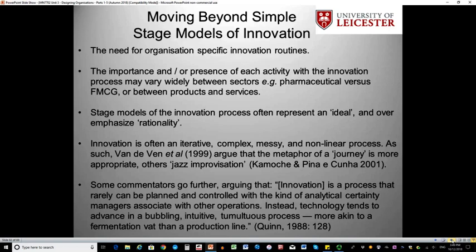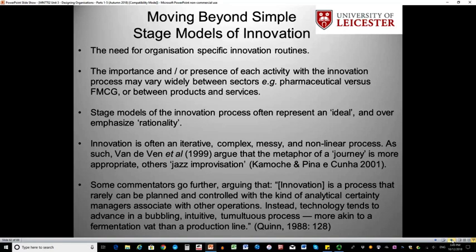So whether we go with the stage model or not, we have to be very aware that the routines that we select and the stage model that we select and all the activities within that can't simply be taken off the shelf or from a textbook. We have to evolve that and make it specific to our organisation. But what we find is when we start to look at the innovation process, there's huge differences between sectors.